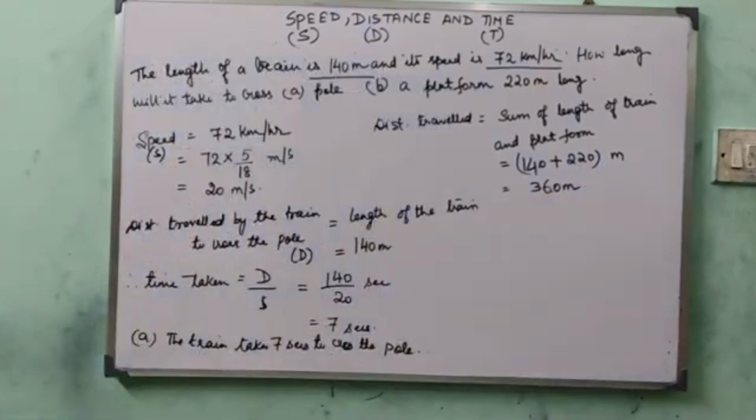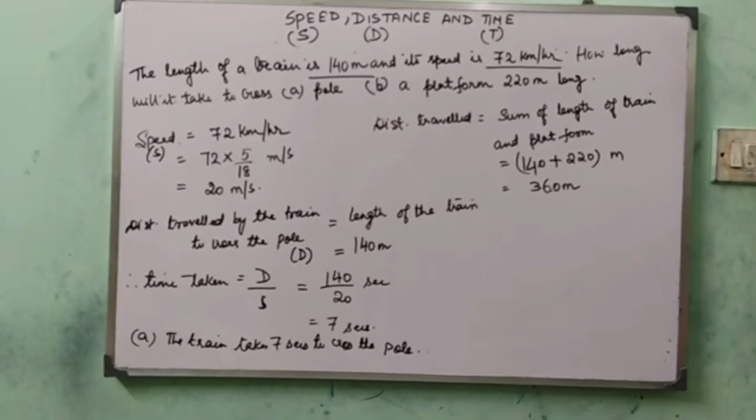So it is equal to the sum of the length of the train and the platform, that is 140 plus 220.